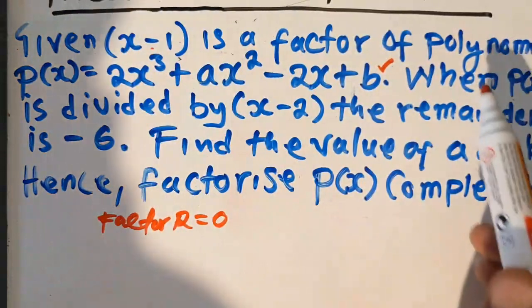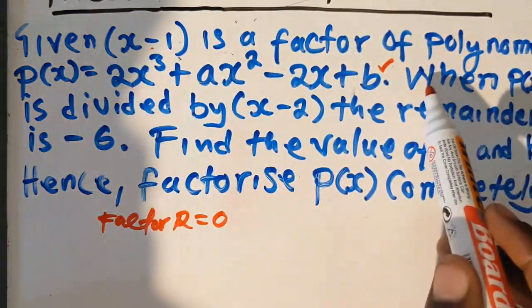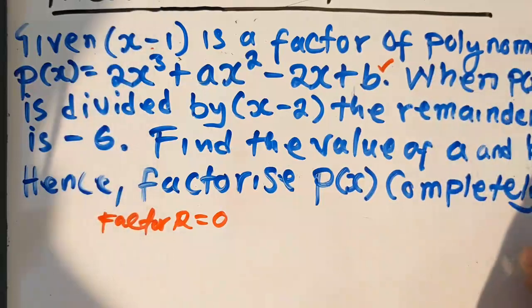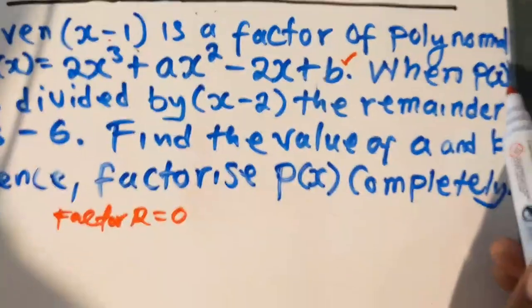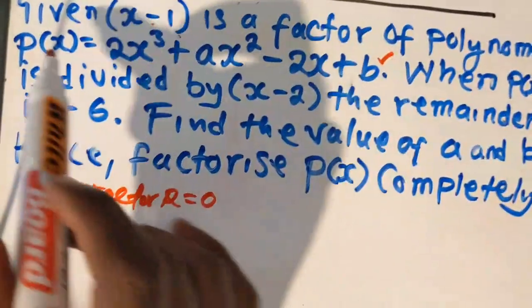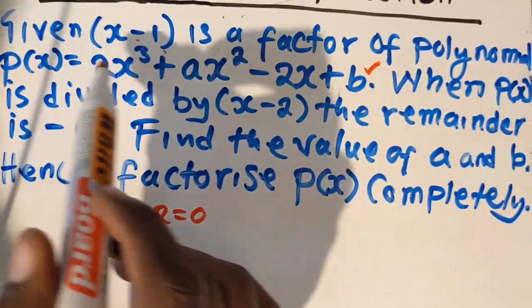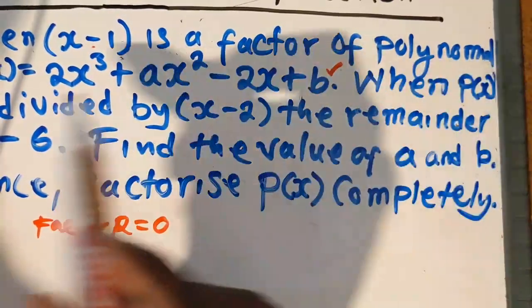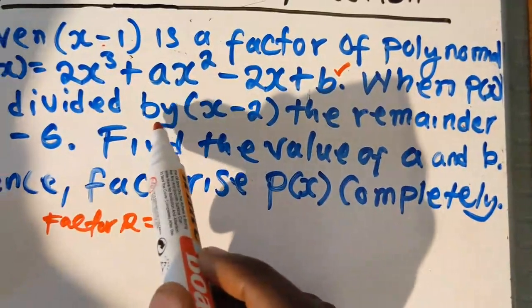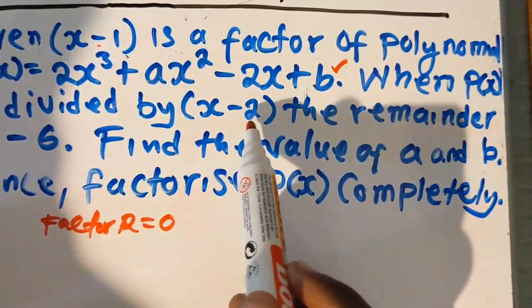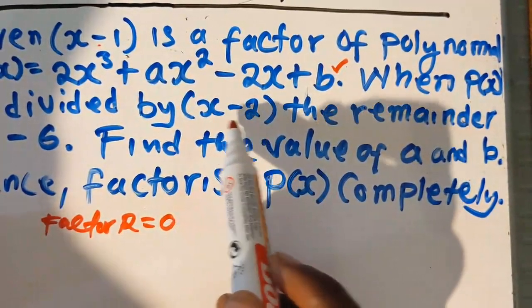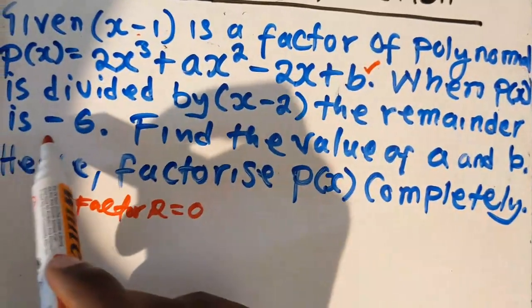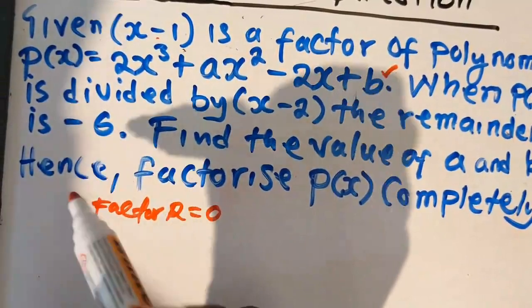Now this is point number 2. When P(x), which is just the polynomial, is divided again by x minus 2, the remainder is negative 6.